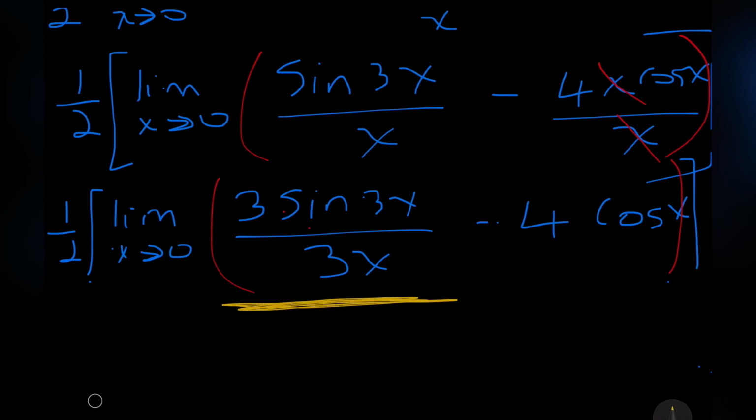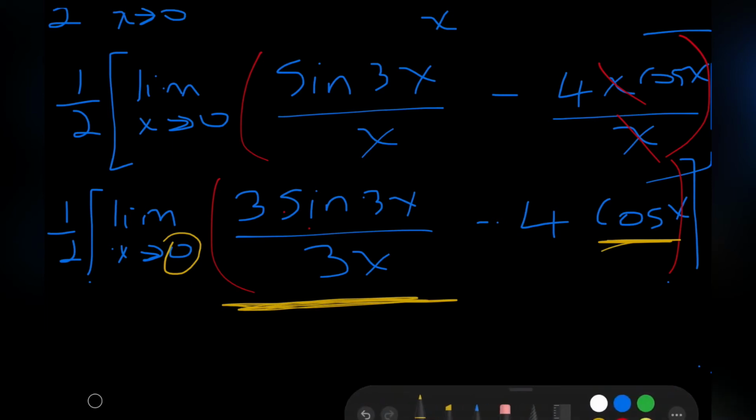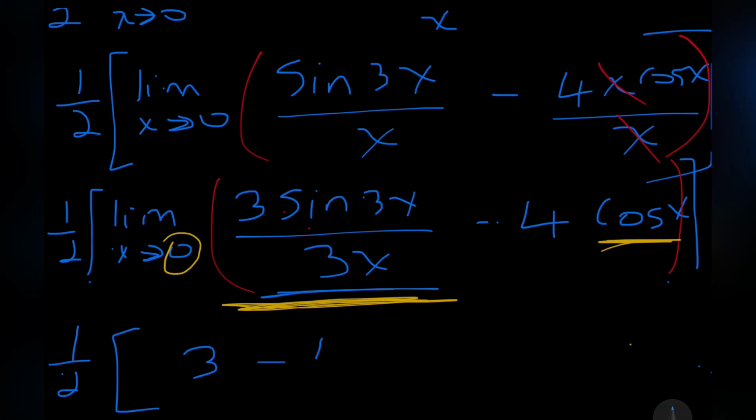So let's put that 3, and for this function, cos 0, when we directly substitute the 0 here, cos 0 would be 1, so we'd have a 4 here. We will get a -1 here, so our limit would be -1. Let me put that in red for our final answer. -1/2. That is what our limit would be for this function.